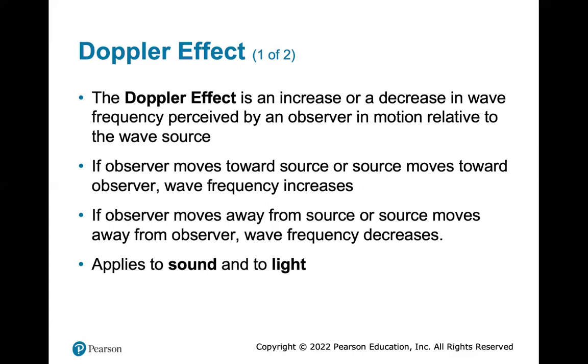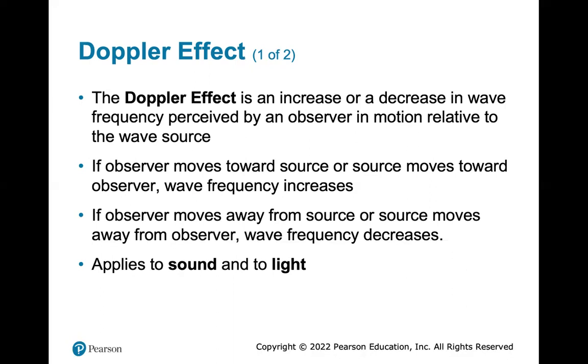The astronomers use the Doppler shift. If some planet or galaxy or something like that is blue shifted, that means it's coming towards the observer.